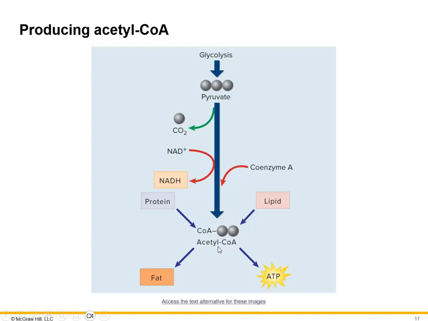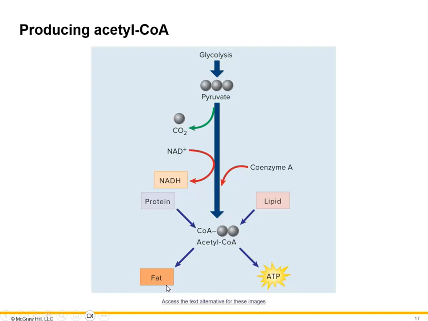If we need energy, the acetyl-CoA will go into the Krebs cycle so we can be making ATP. If our cells are already flooded with ATP and we have more than we can use right now and don't need any more, then instead we're going to switch into a process of fat synthesis. Acetyl-CoA is going to follow a different pathway because we're not trying to make energy, we have plenty of it.